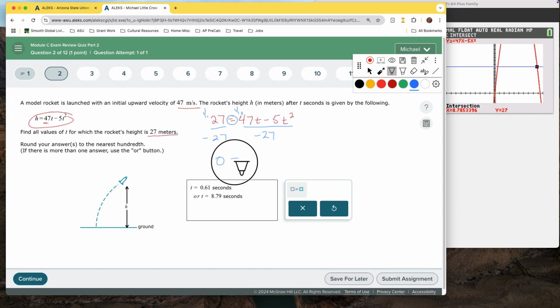So we get 0 equals negative 5t squared plus 47t minus 27. Since we'll need to use the quadratic formula, let me go ahead and put the t squared first.